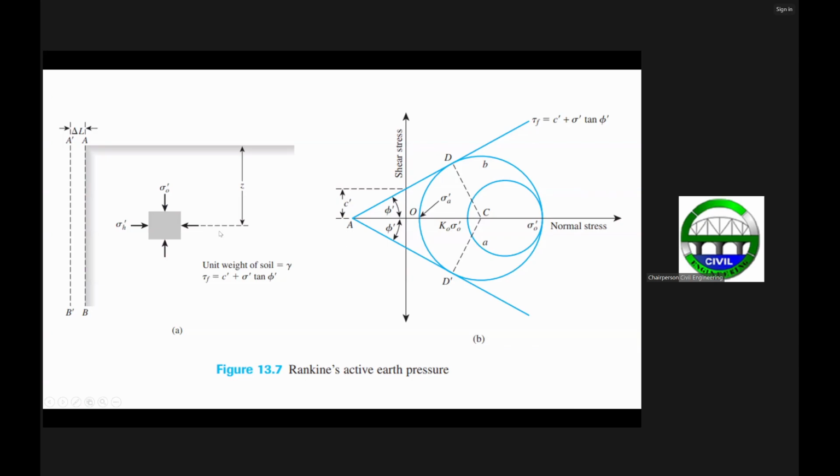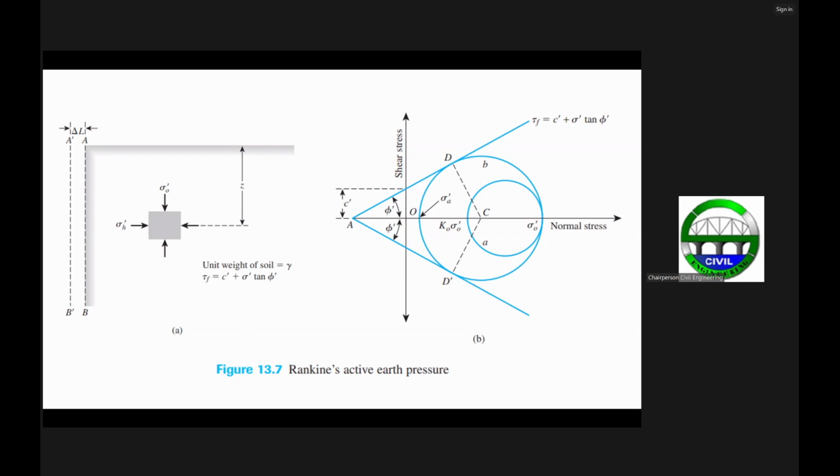Now, if the wall starts to move away from its initial position, the horizontal earth pressure in the soil mass will start to decrease, because the soil will loosen up.